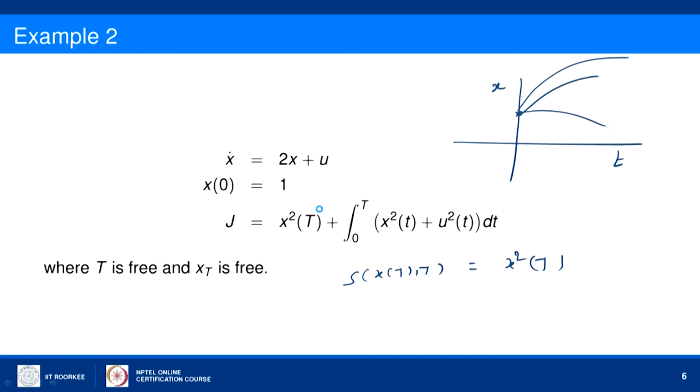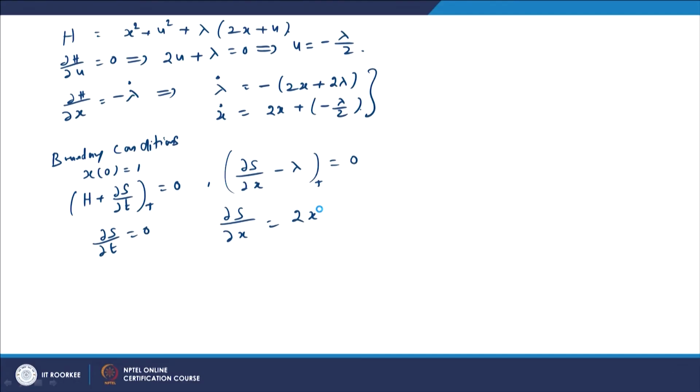If you differentiate, it is 2x, and we have to evaluate all this at capital T.